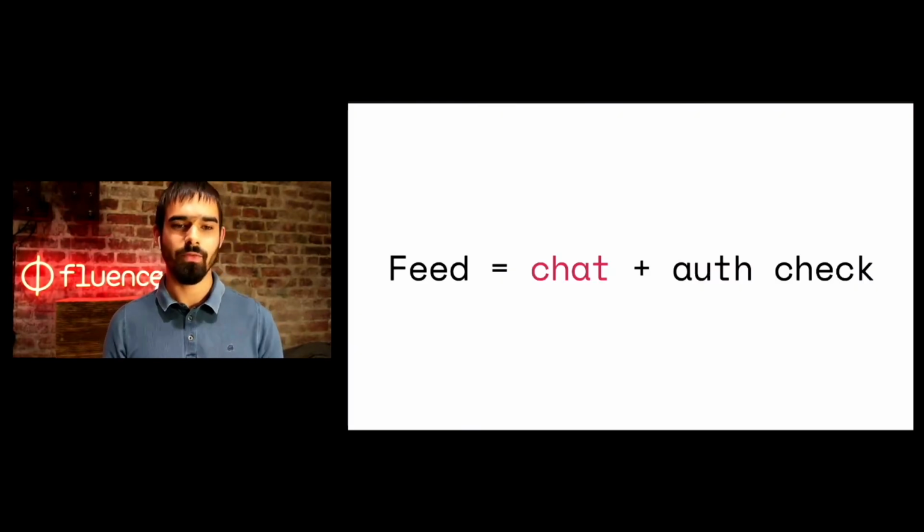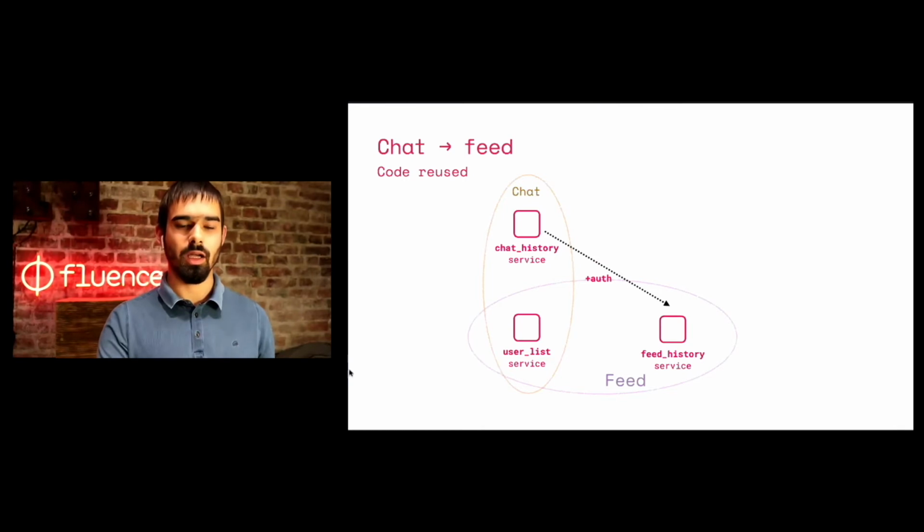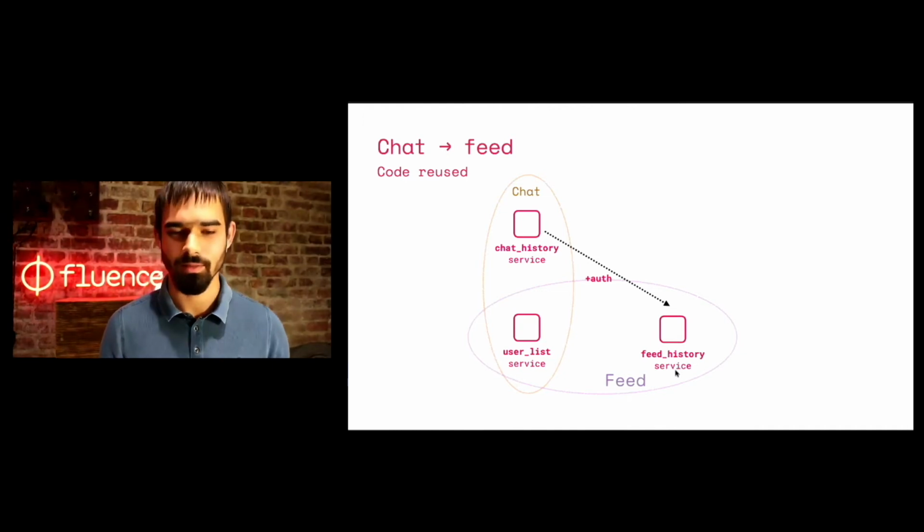So essentially, a feed is a chat with an authorization check, so that we can still use the user list service for subscribers. We can take the chat history service for messages and change it to make the feed history service by adding some authorization.